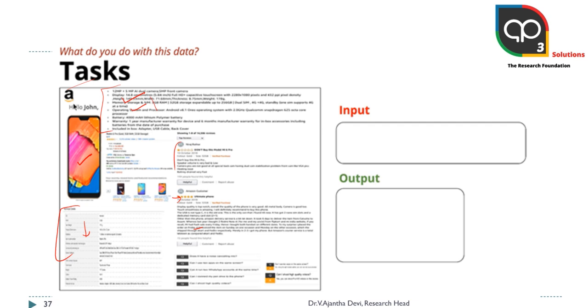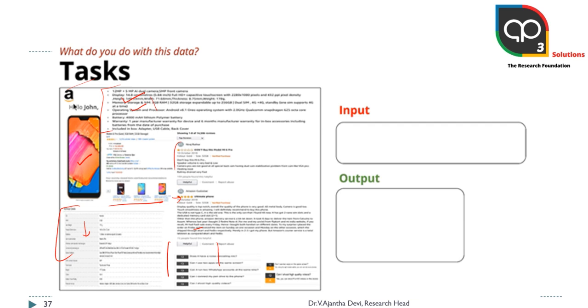You also have information about related products which are similar to this particular gadget, here a phone. Then you have FAQs and other questions and answers by users. Actually, that is a lot of data.